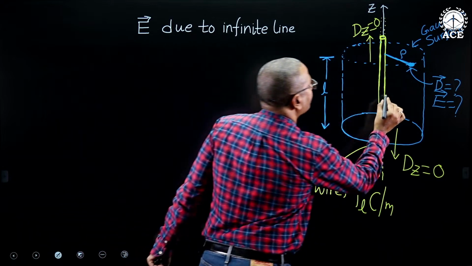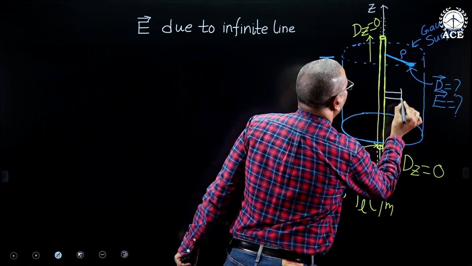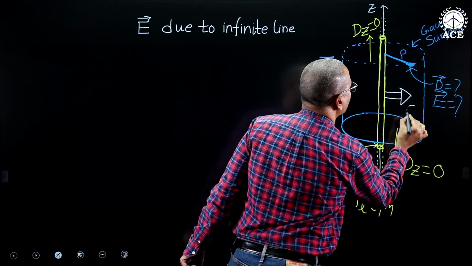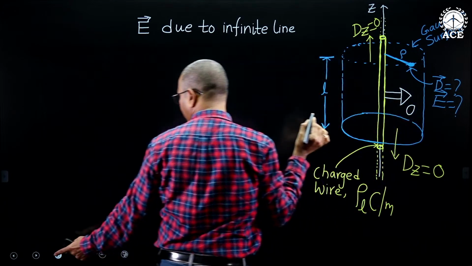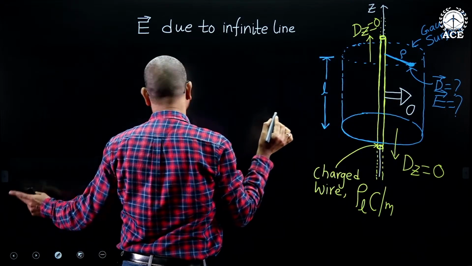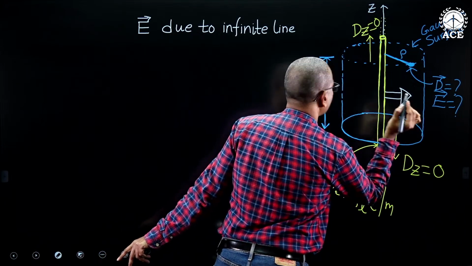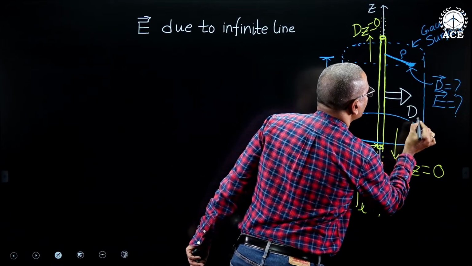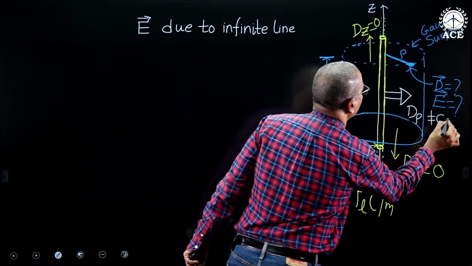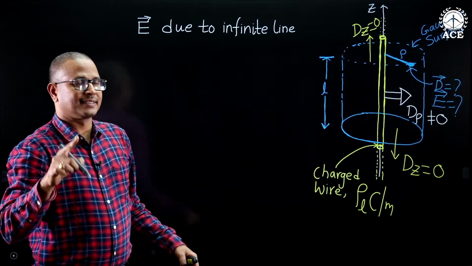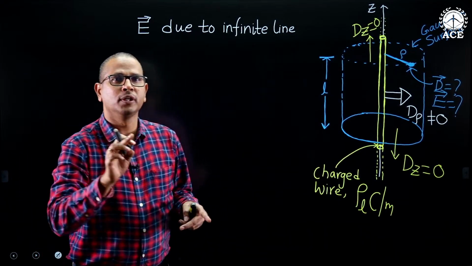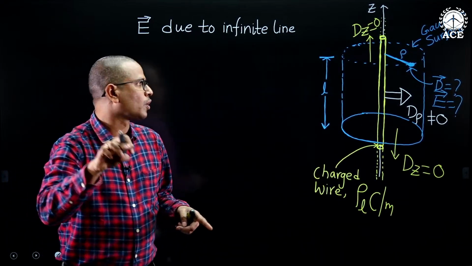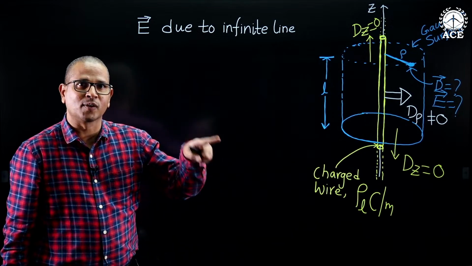D rho, which is perpendicular to the wire or the source or the cylindrical surface. D rho is contributing non-zero flux density, so d rho is not equal to 0. Except dz and d phi, only d rho is contributing a non-zero component, which is perpendicular to the cylinder.